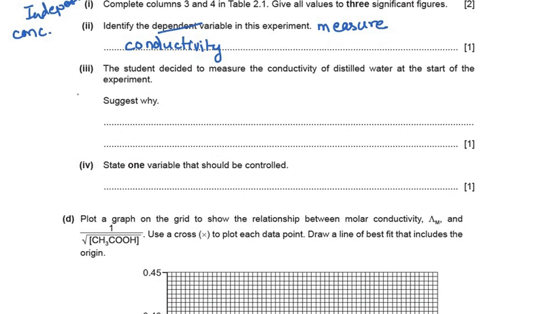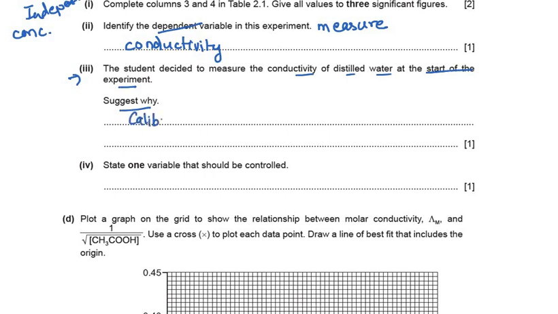The next sub question says that the student decided to measure the conductivity of distilled water at the start of the experiment. Suggest why. This is because we want to find out the conductivity of distilled water, that is without ethanoic acid, and this is generally done to calibrate our instruments.